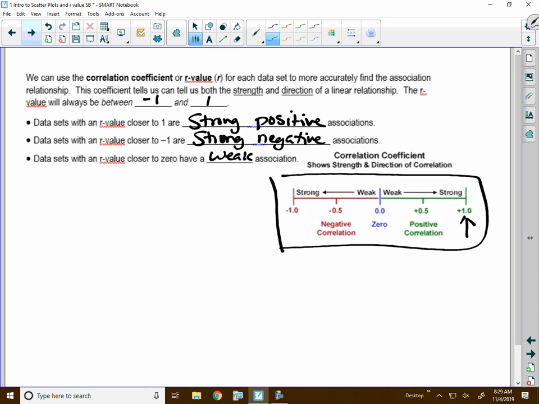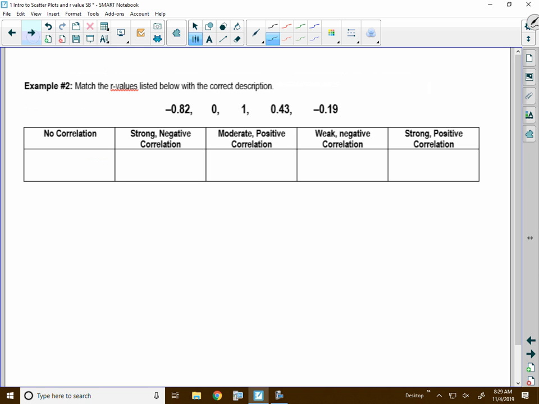Tracking with me so far? Yes or no? Yes. All right, example number 2. We're going to put these numbers in where we think they fit. So, no correlation. Which number would be no correlation? 0. What about a strong negative? The strongest negative, yep, that's the one that is closest to -1.